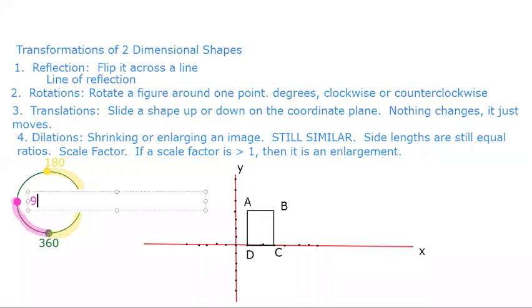So it's either 90 degrees or it can also be 270 degrees. It depends on if you're going clockwise or counterclockwise. So if we're going clockwise from 0, it was 90. But if we're going counterclockwise, it was 270.